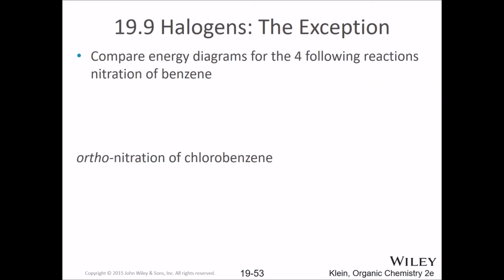So compare the energy diagrams for the 4 following reactions of benzene. The energy diagrams are not given for you in the text. You should draw them out. Nitration of benzene is one of them.